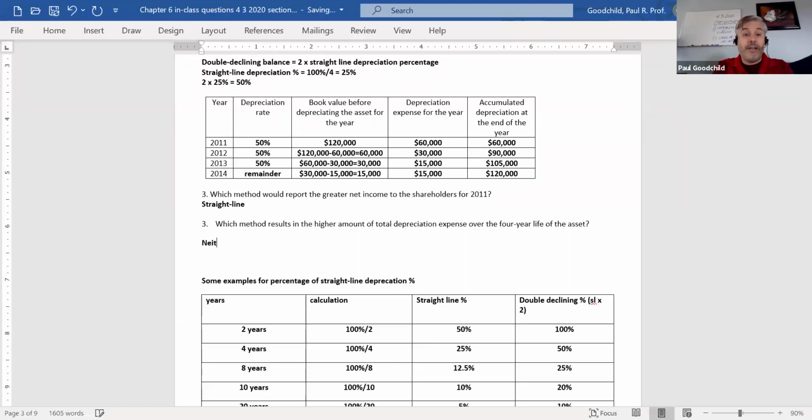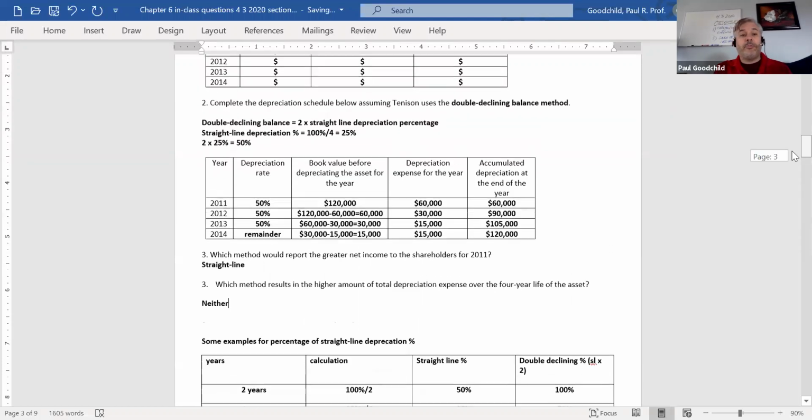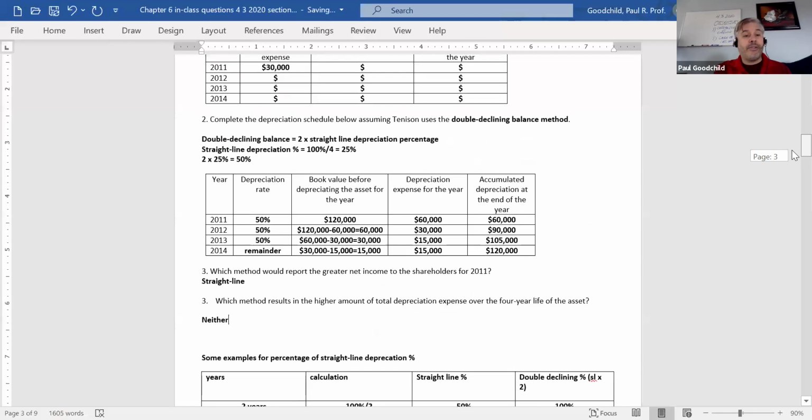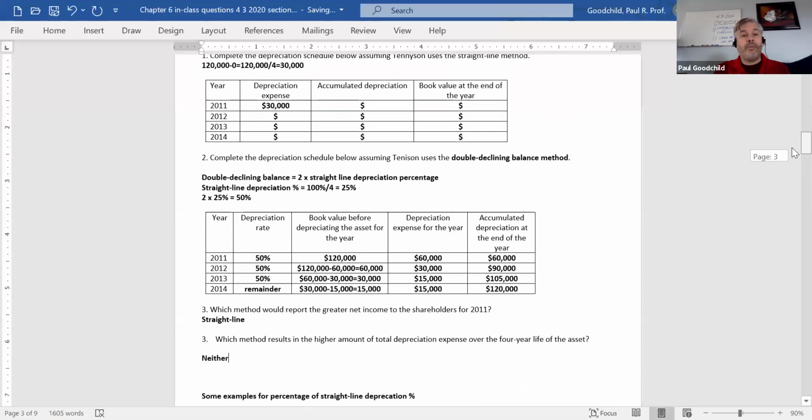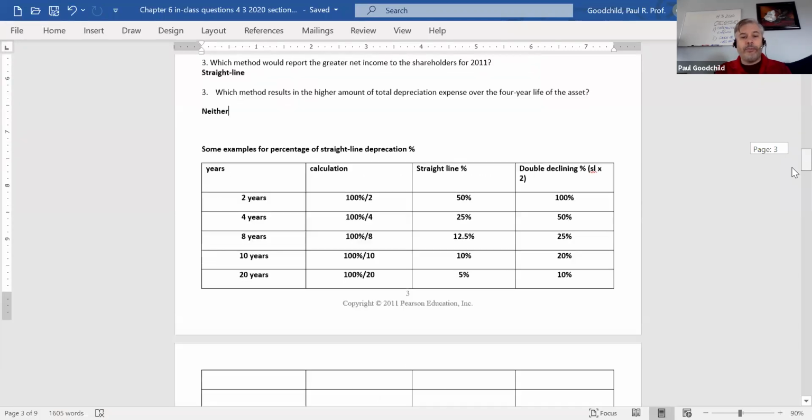Answer is neither, right? You're going to get to your historical cost minus your salvage value over the life of both of them, unless you were to sell it early, in which case that gain or loss is going to wipe out that accumulated depreciation in total anyways.